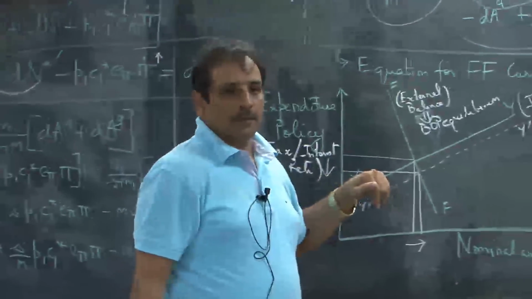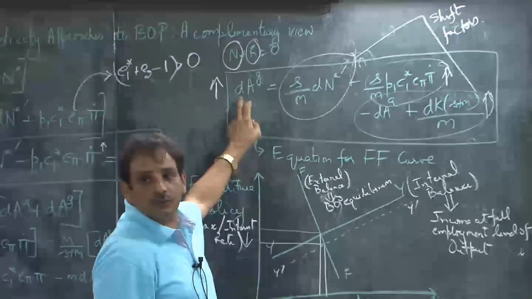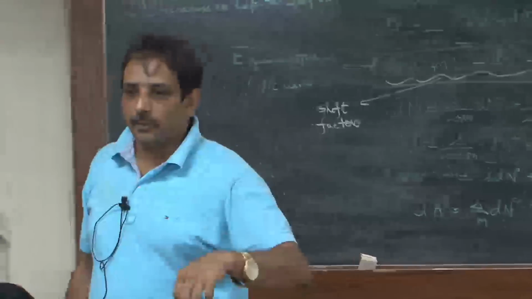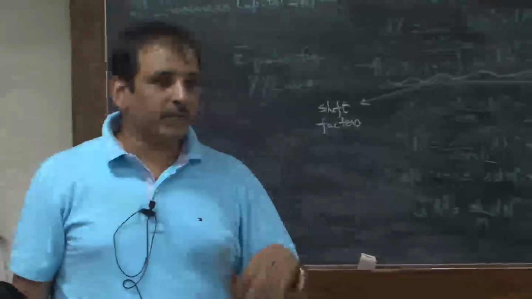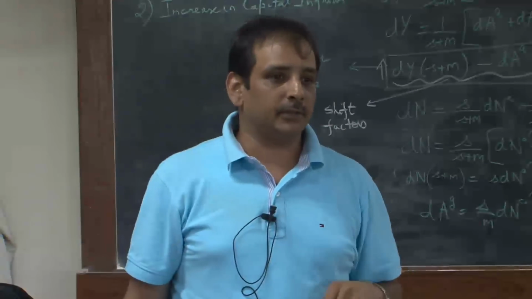That as the capital flows come in, the expenditures should go up. Remember, capital flows come in, so there is a balance of payments surplus, right? And when there is a balance of payments surplus, then what happens?